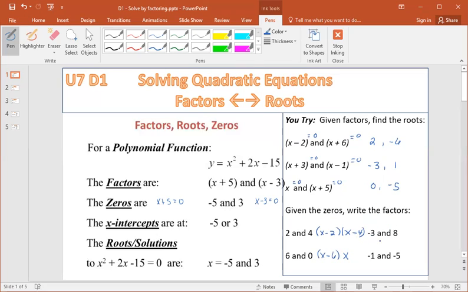For negative 3 and 8, I have x plus 3 and x minus 8. So they're just backwards. Negative 1 and negative 5, x plus 1, x plus 5. So very simply, from factors to zeros, they're basically changing sign, okay? But you need to set them equal to 0.